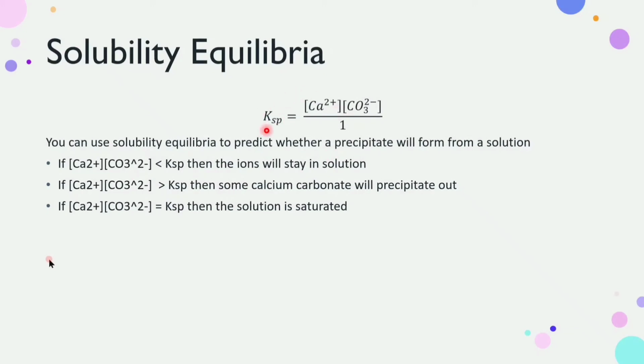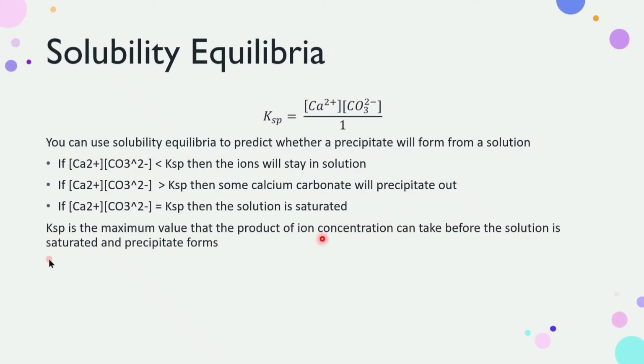However, what does this tell us about our Ksp and what it actually is? Ksp is the maximum value that the product of the ion concentrations can take before the solution is saturated and the precipitate forms.